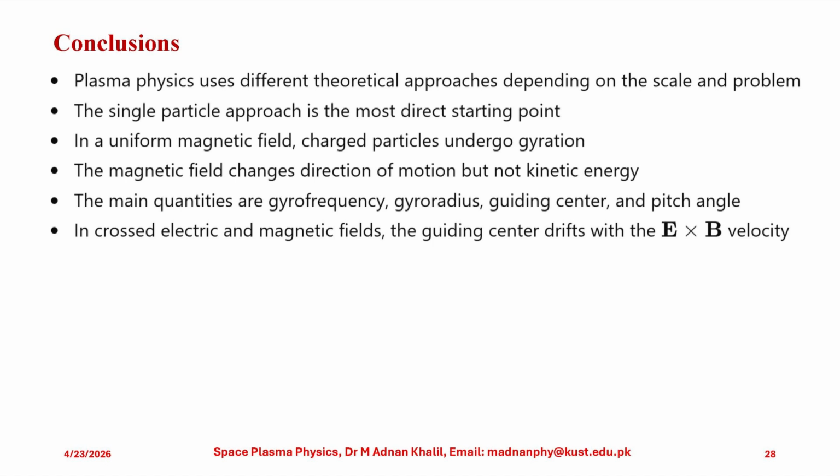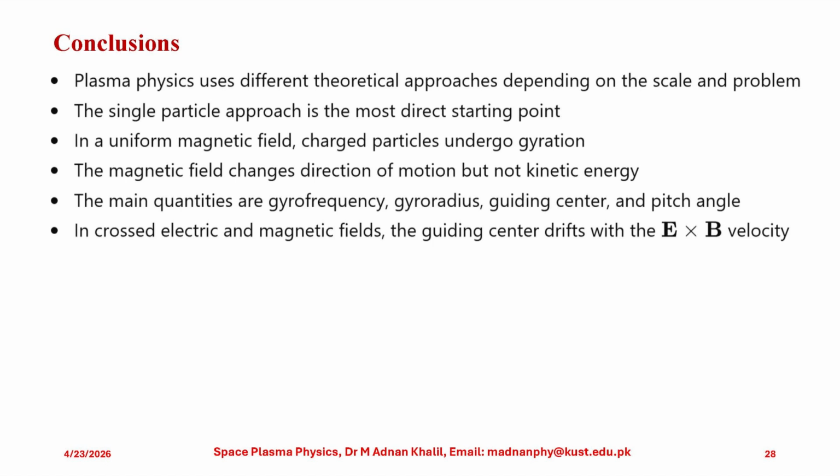The conclusions of the lecture bring the main ideas together. Plasma physics uses different theoretical approaches because the complete many-particle problem is too complex to solve directly in most cases. The single-particle approach is the most direct starting point because it gives the clearest physical insight. In a uniform magnetic field, a charged particle undergoes gyration.